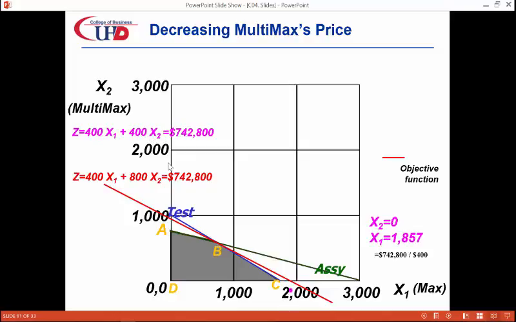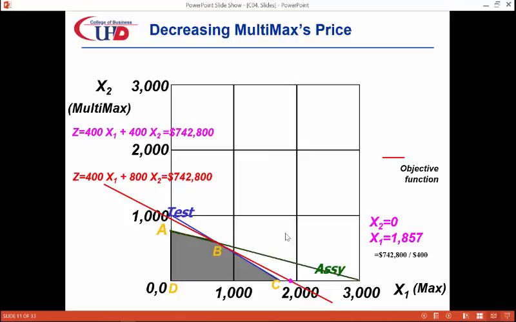So we can calculate it by dividing $742,800 by $400. Then we get its resulting quantity. That gives us the intercept, which is exactly on this red line. We're using these pink dots to represent it.